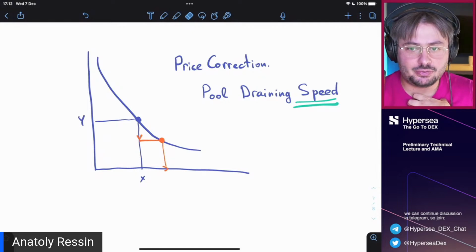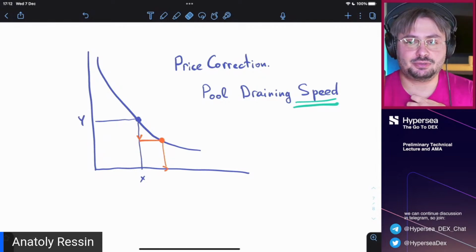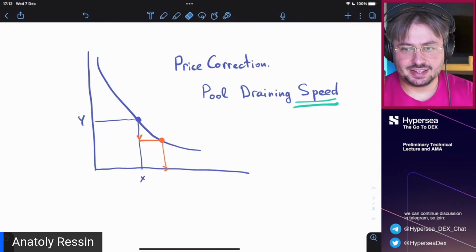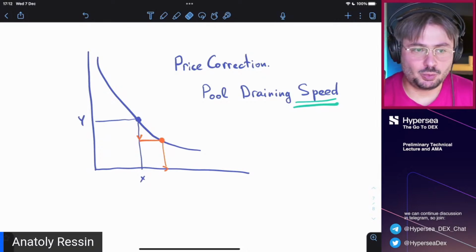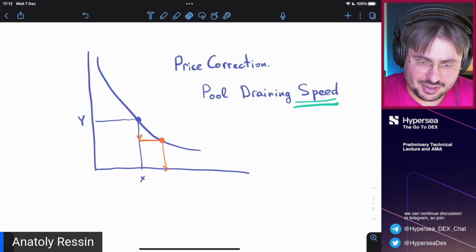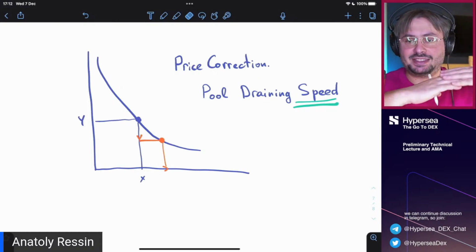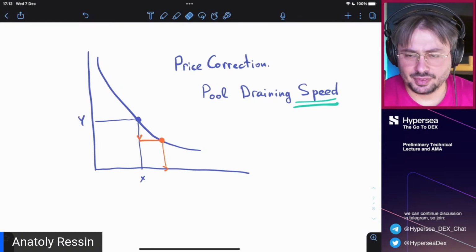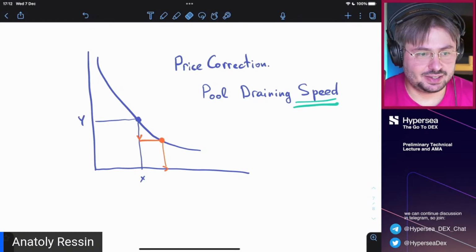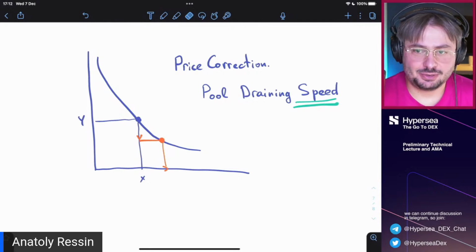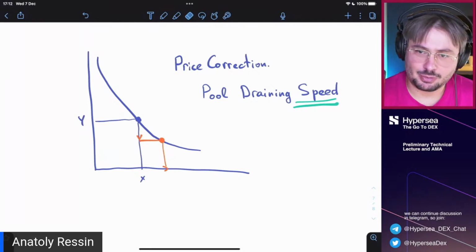Because if our price is different from the previous price, it introduces volatility. And when we increase the volatility, it means that our curve is deconcentrated. The concentration becomes more flat, and it means that we remove the exposure of liquidity providers from this type of attack.